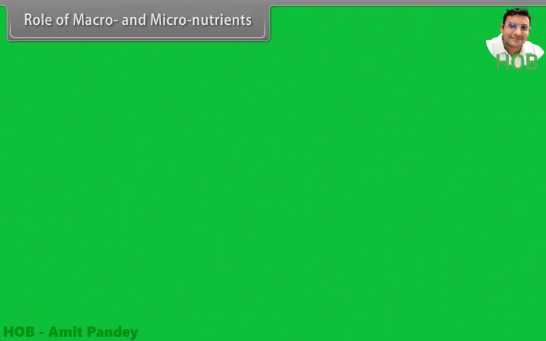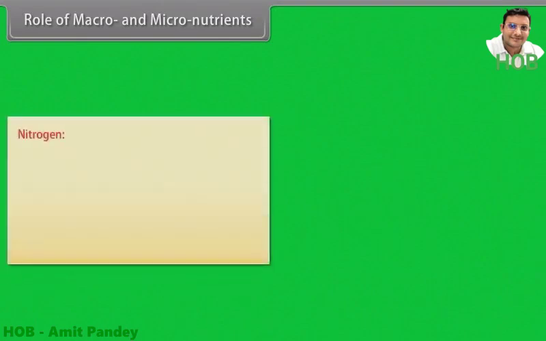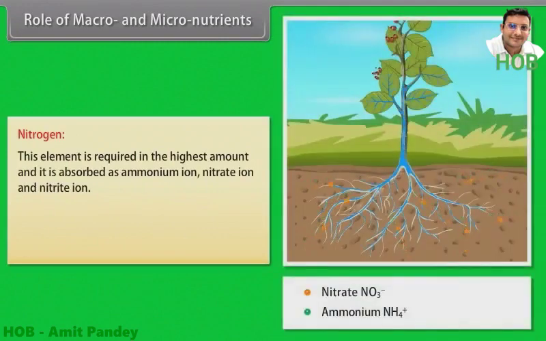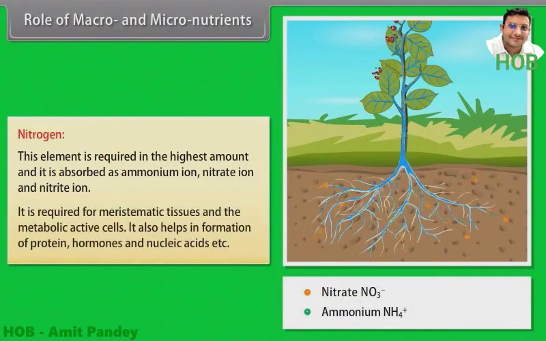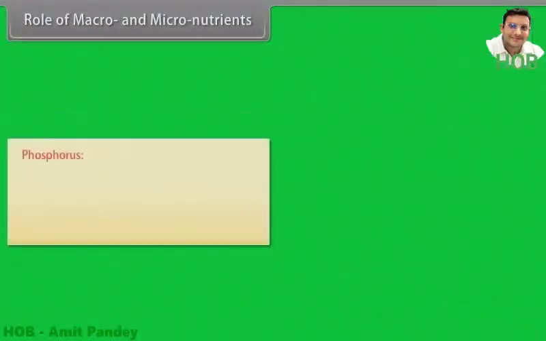Role of macro and micronutrients. Nitrogen. This element is required in the highest amount and it is absorbed as ammonium ion, nitrate ion and nitrite ion. It is required for meristematic tissues and metabolically active cells. It also helps in formation of proteins, hormones and nucleic acids, etc. Phosphorus.